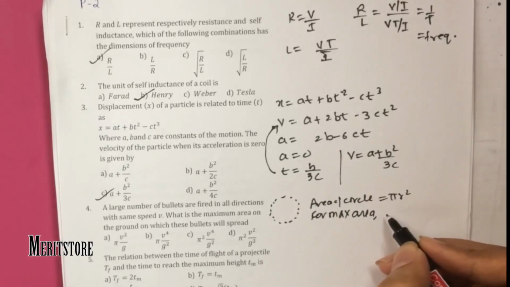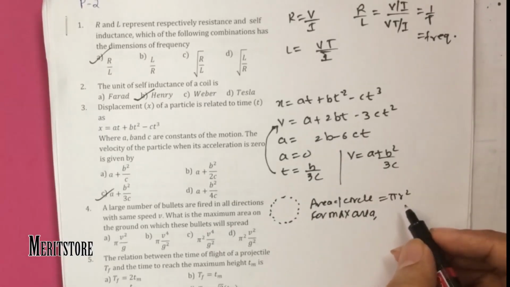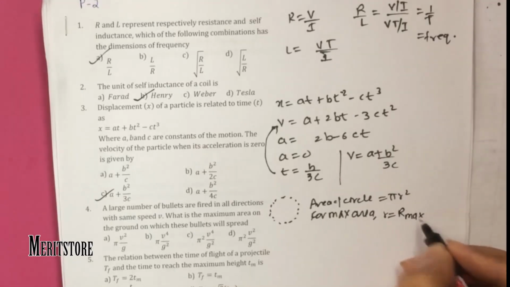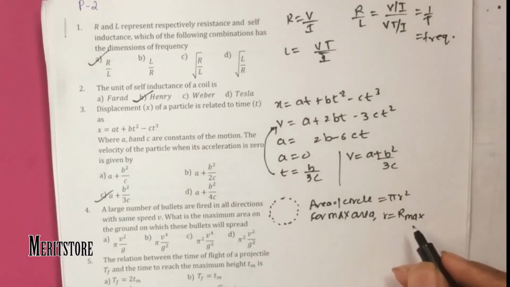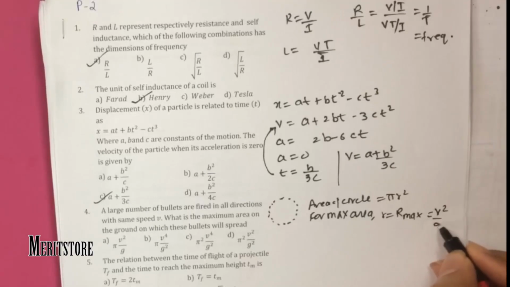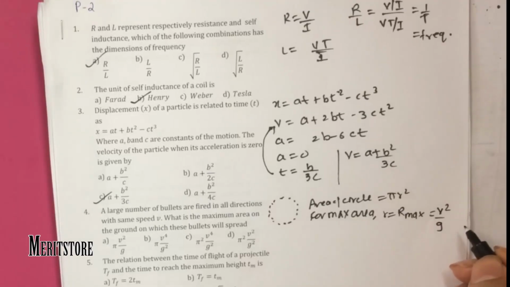I will have r equal to r max. So therefore I would get r max equals v square by g.